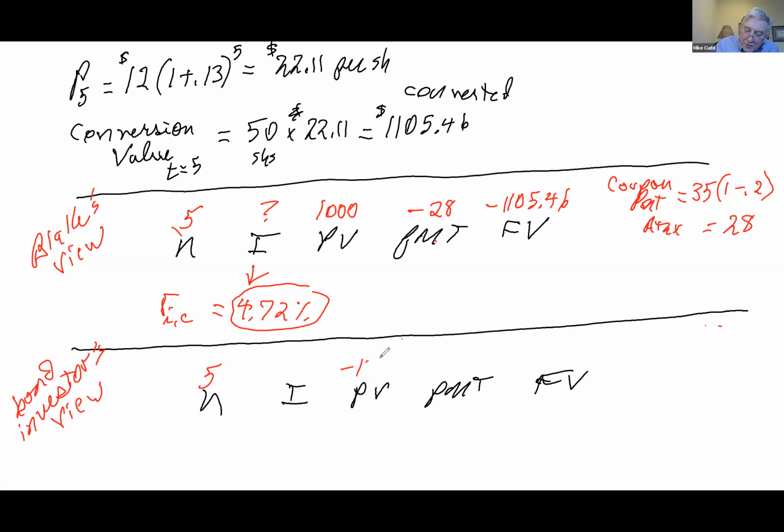They're going to pay $1,000. They'll get $35 a year in coupon payments, plus 1040, that conversion value. So for the bond investor, that's the before-tax cost of convertible bonds, 5.39%.